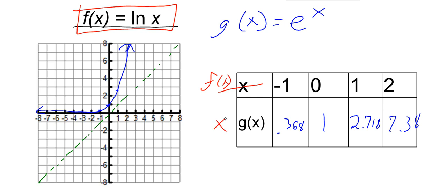So when x is 0.368, f of x is -1. When x is 1, y is 0. When x is 2.718, y is 1. And when x is 7.38, y is 2. So then we get our natural log graph there.